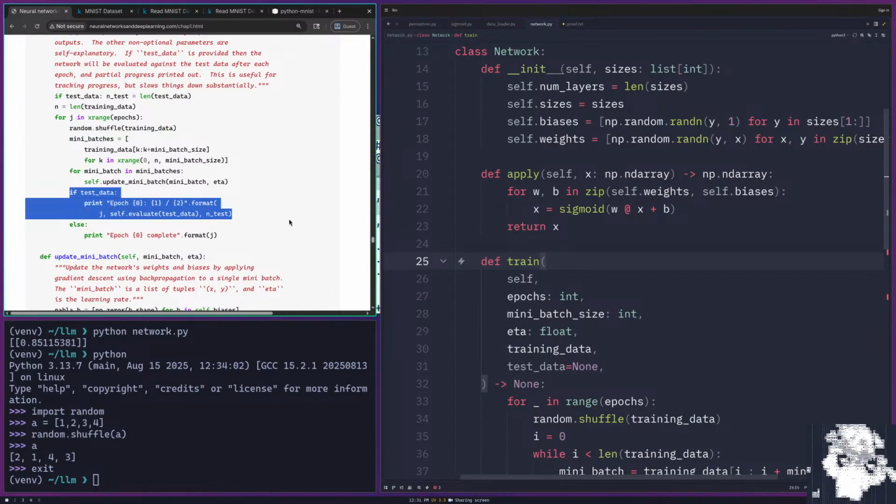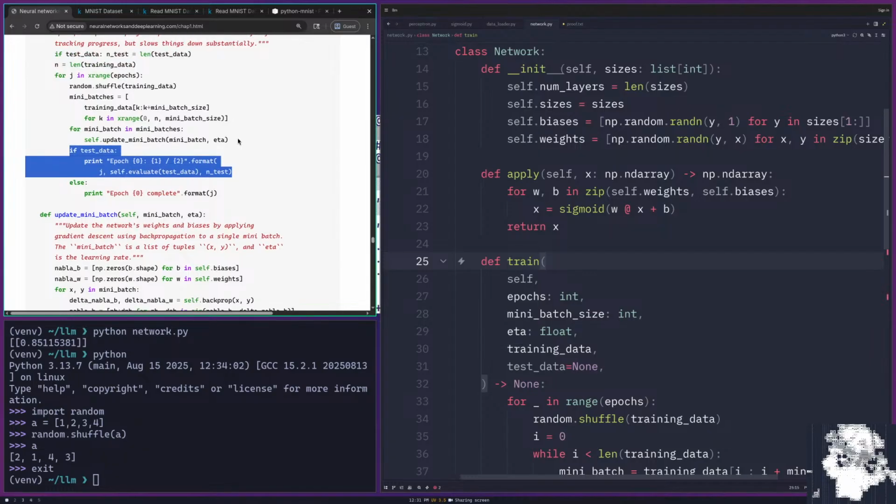Okay, we didn't do this thing of printing stuff as we go, but that's okay. We can add that once we're actually running it. Then we update mini batch. They're also doing the slicing.